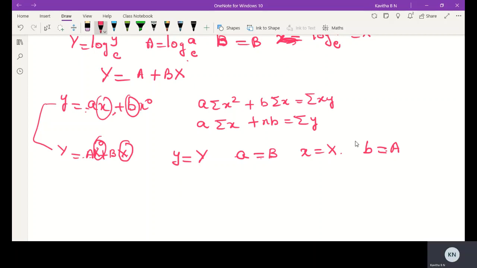Then write the normal equation. First I will take this equation: a into summation of x plus n b is equal to summation of y.